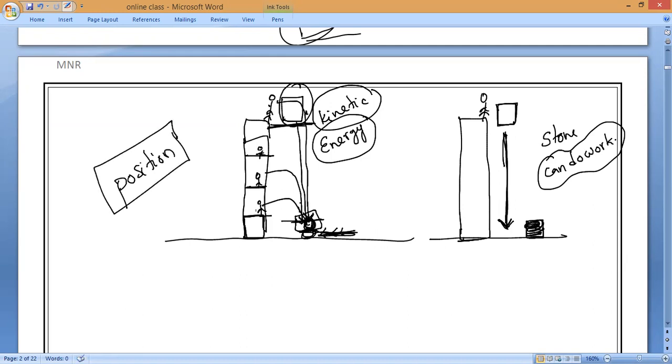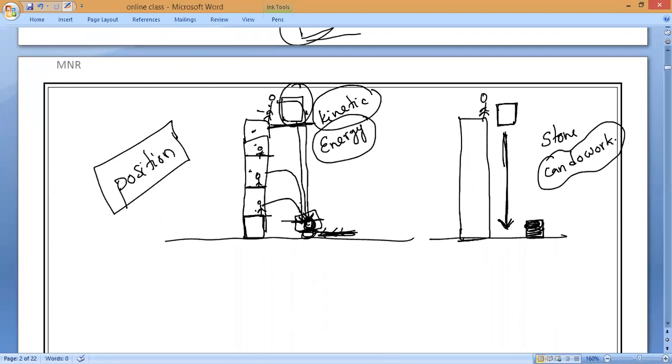You notice it: first floor, second floor, third floor, fourth, fifth floor. Everywhere, the position of the stone is changing. So when we drop the stone from higher above the ground, is it exerting more energy or less energy? More energy.